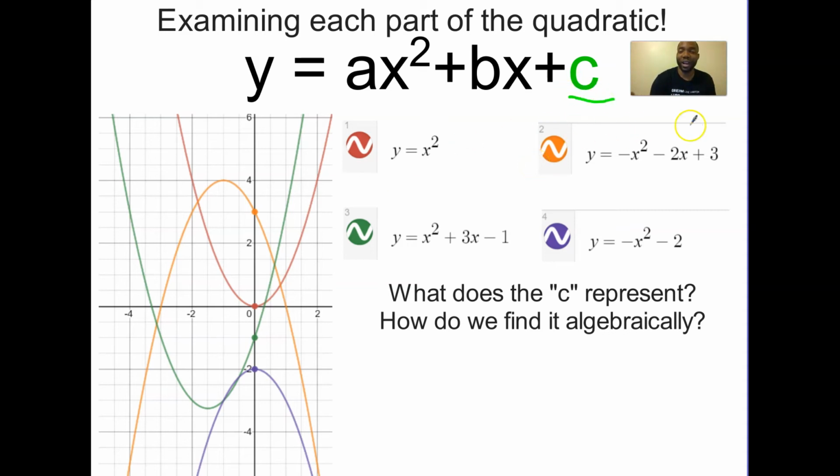We have y equals ax squared, which is our parent function, because this is the simplest form of a quadratic function. And I'm saying, what is C?